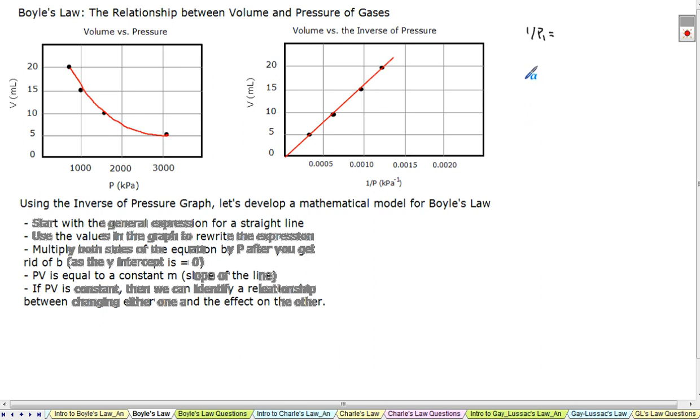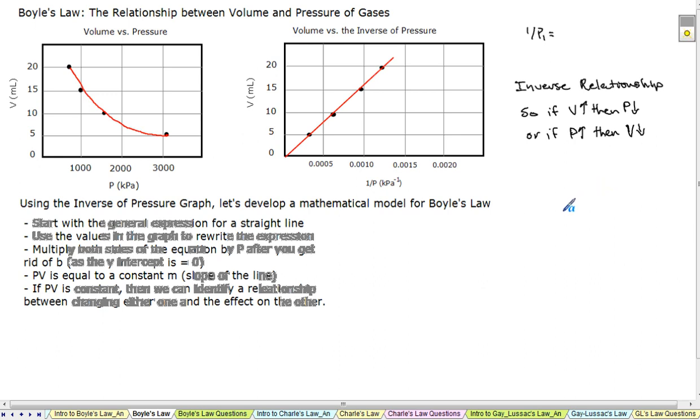The relationship here is an inverse relationship. If volume goes up, then pressure must go down, or if pressure goes up, then volume must go down. If one does one thing, the other does the opposite.